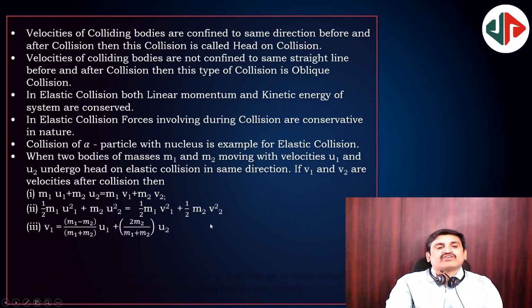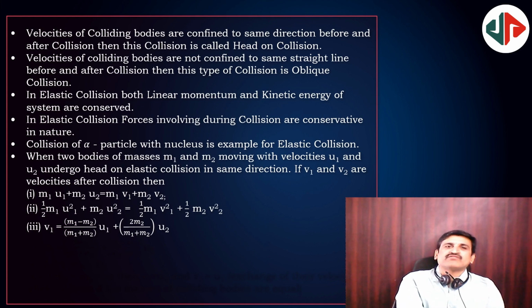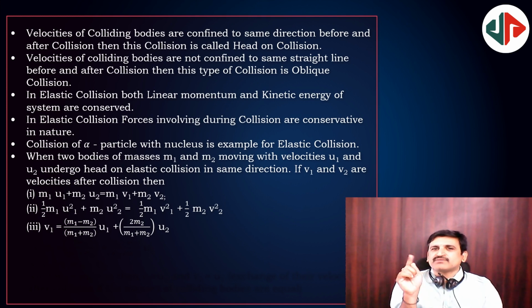For elastic one-dimensional collision, v1 is equal to (m1 minus m2) by (m1 plus m2) into u1, plus 2m2 by (m1 plus m2) into u2. v2 is equal to 2m1 by (m1 plus m2) into u1 plus, not m1 minus m2, this is the second one, (m2 minus m1) by (m1 plus m2) into u2. I know this formula, you should practice.